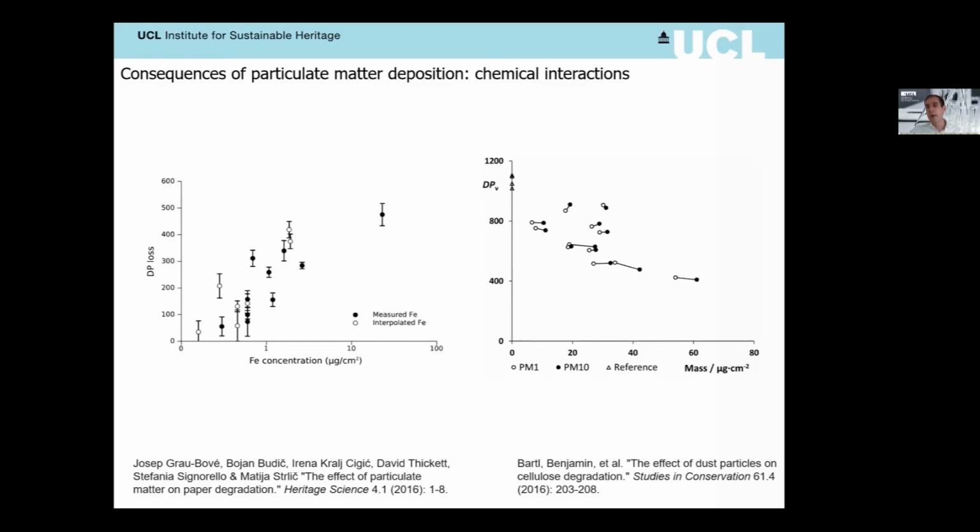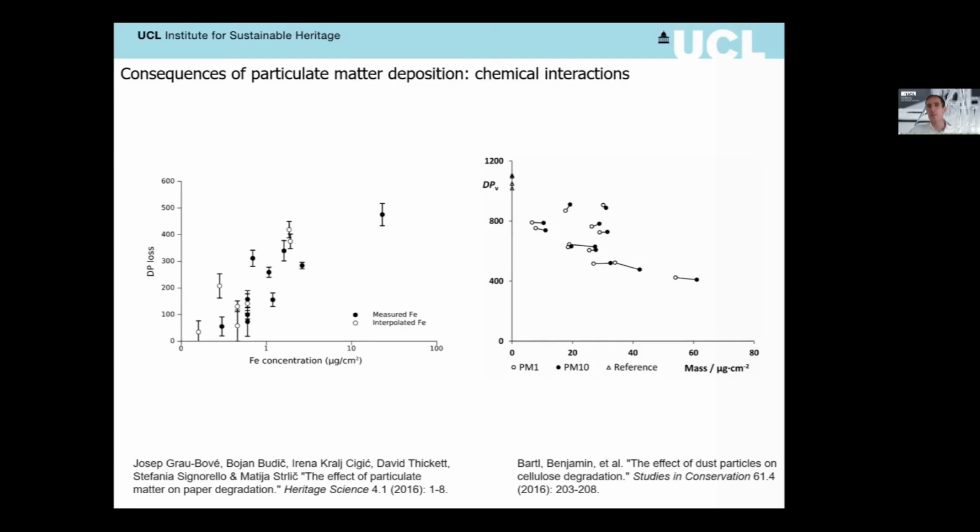So the main conclusion that we can take from this is, firstly, that it's not the amount of particles that dictates the chemical deterioration of the cellulose. It is the composition of those particles. You could have very few particles of very aggressive composition doing more harm than lots of particles which don't interact with it. That's the first lesson.